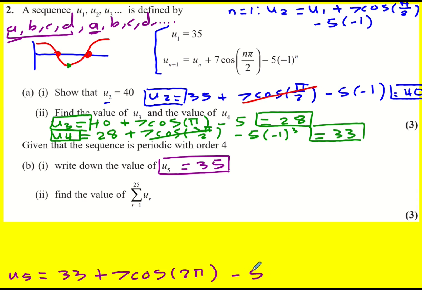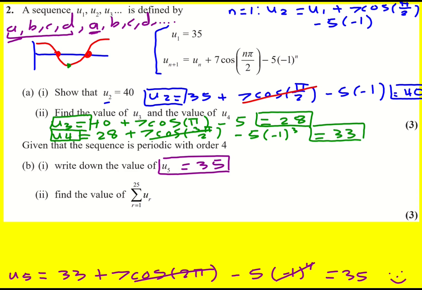And then minus 5 to the minus 1 to the 4. Actually, that's just going to be minusing 5. So 33 plus 7 to give 40 minus 5 gives me 35. That's just a little check by putting it into the formula. We don't need to, but it means that we can be really confident with u3 and u4.